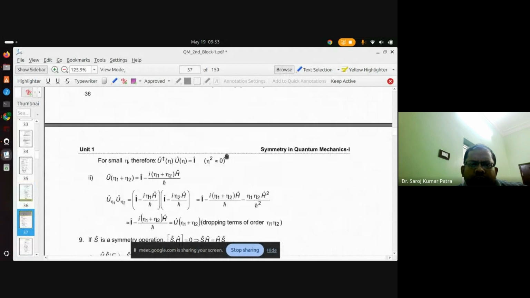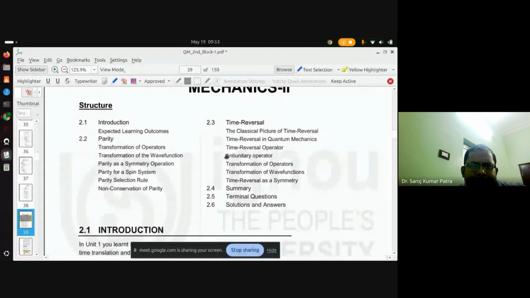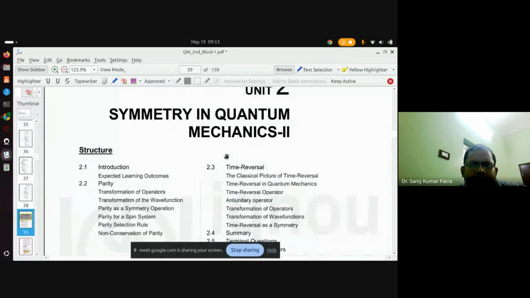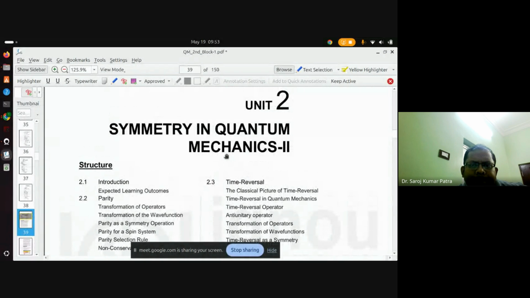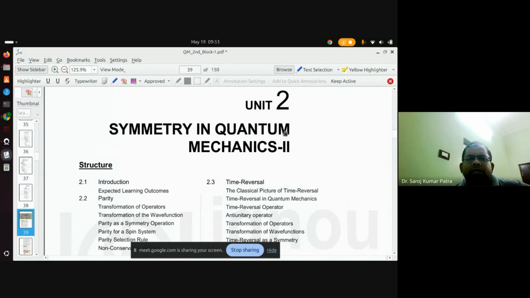You can try. Couple of minutes break, then we'll start with the next part, symmetry in quantum mechanics. Basically, we'll talk about parity and time reversal.